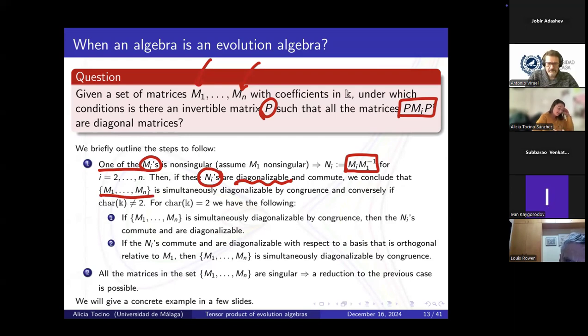But for characteristic equal to, we have to do some specific things, but that's not. And in the case that all the matrices in the set are singular, then they found a reduction to the previous case. So the main thing is that we have to construct these matrices and check if all of them are diagonalizable simultaneously.